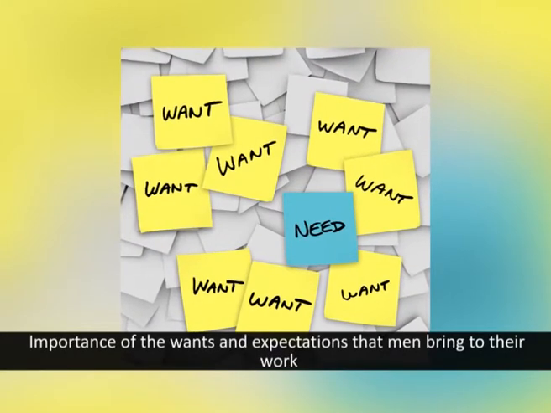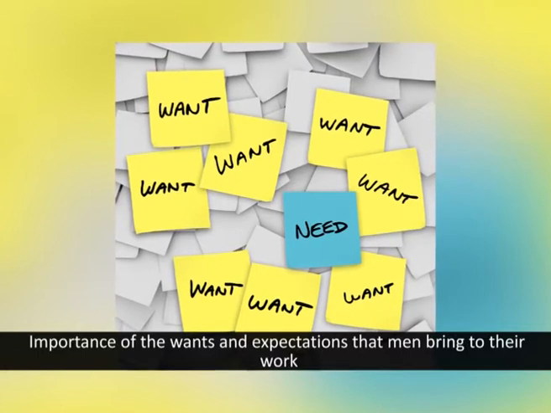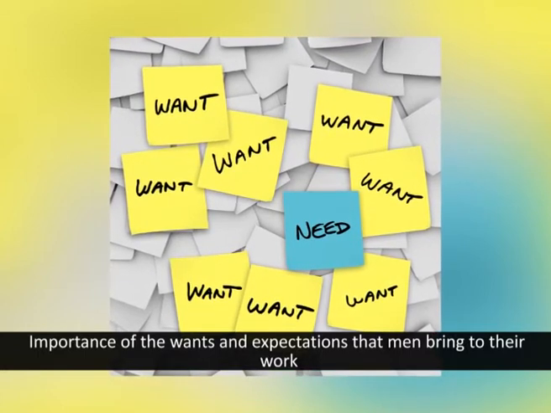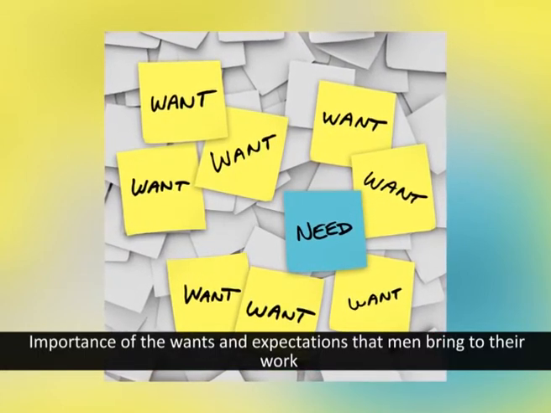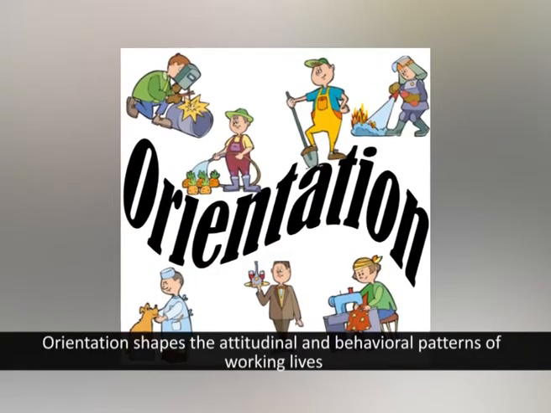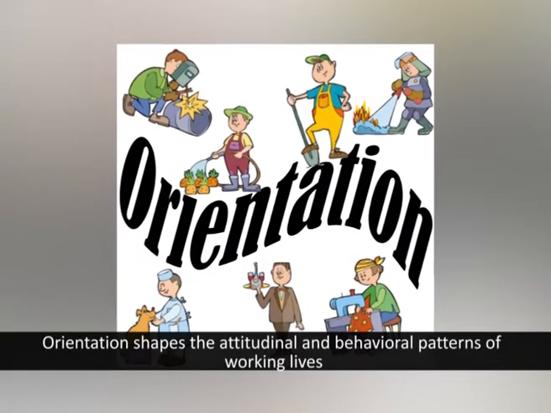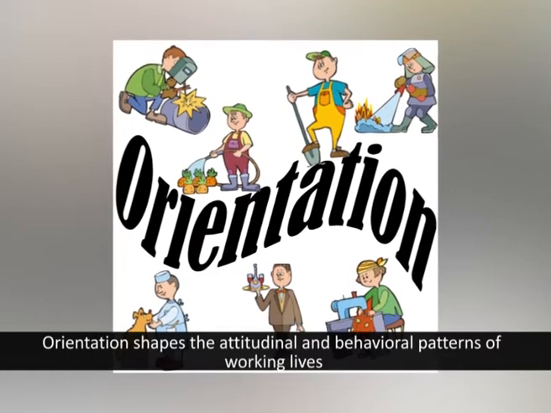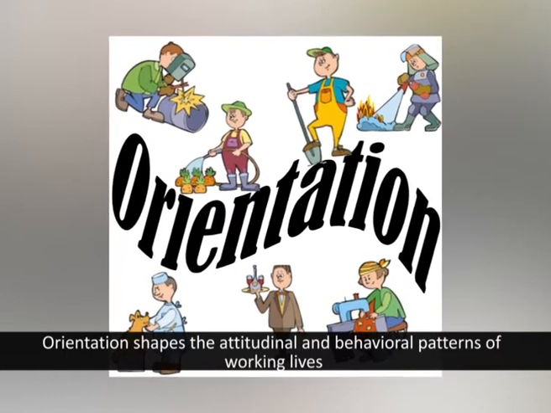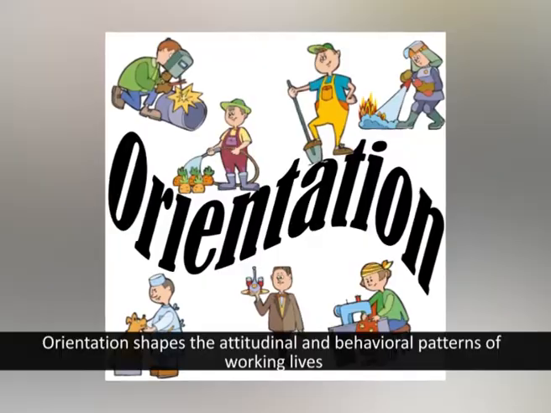In its place, they point to the importance of the wants and expectations that men bring to their work. They also suggest that this previous orientation shapes the attitudinal and behavioral patterns of their working lives as a whole.